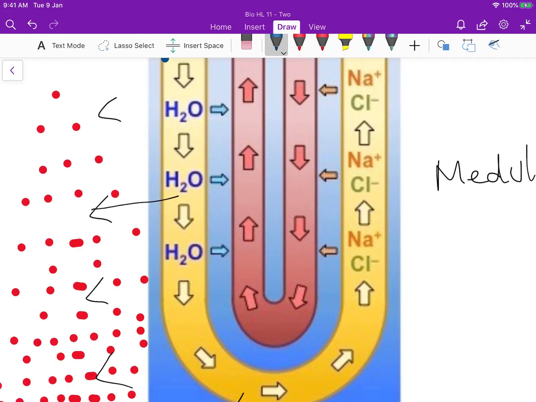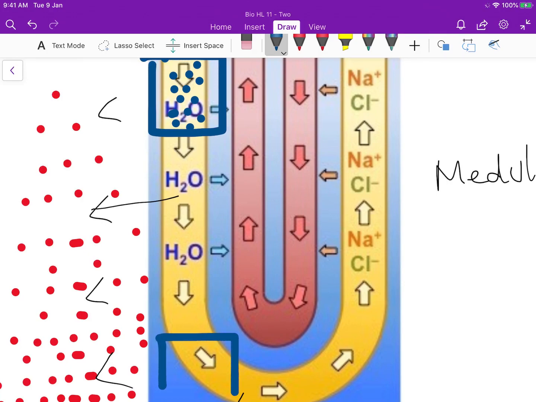To understand why that's important, we need to think about what's in the filtrate. So the filtrate has water in it. There wasn't all the water reabsorbed. But as we go down, more and more water will be, so if we take that as being a kind of an area, a box, with a concentration, down at the bottom, we will have absorbed a lot of the water out.